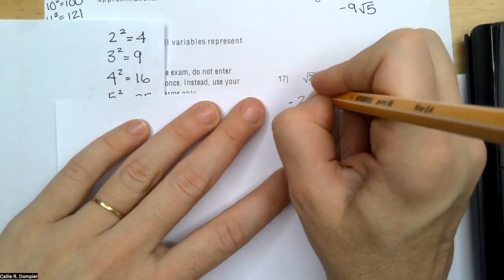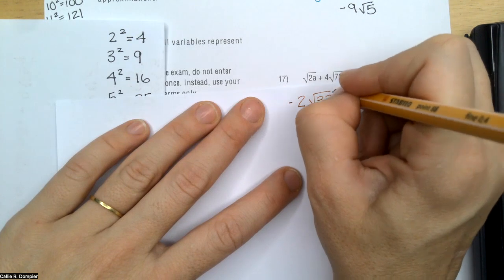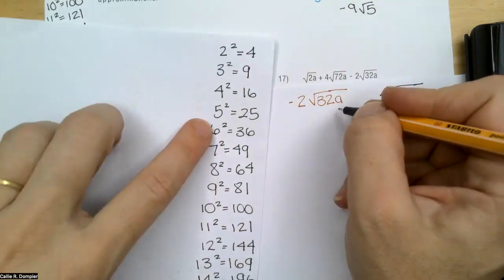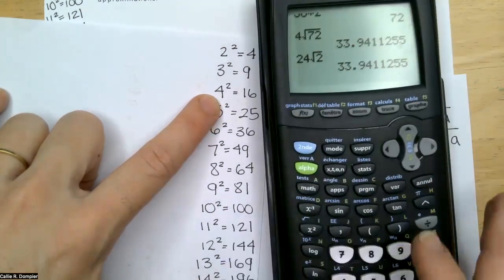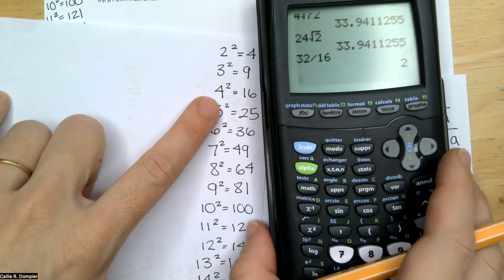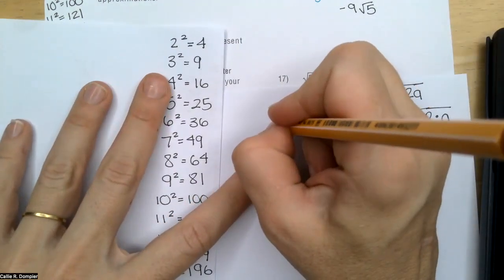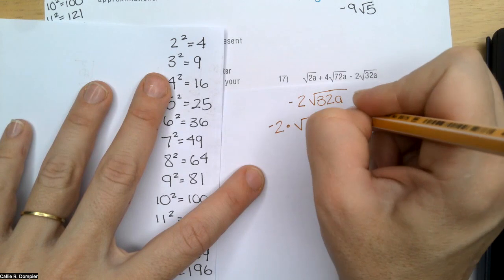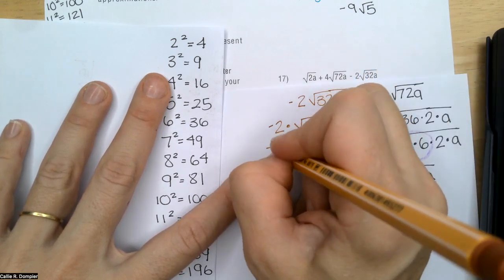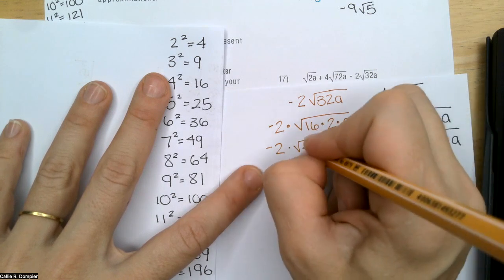And then negative 2 square root 32a. 32. Can we divide it by 25? No. Can we divide it by 16? We can. 32 divided by 16. So that's negative 2 times the square root of 16 times 2 times a. Why did we choose 16? Because 16 is 4 times 4.